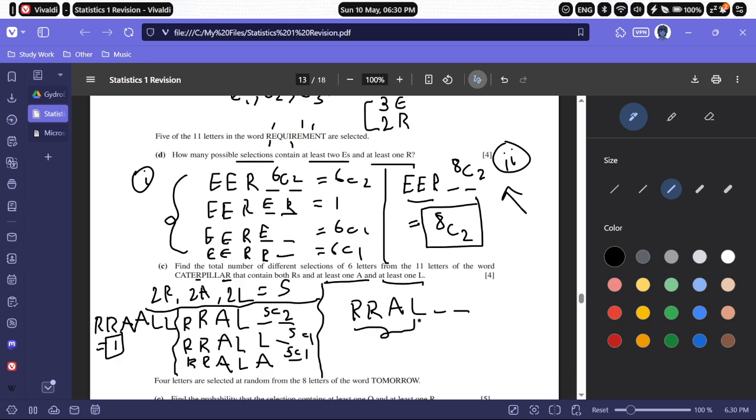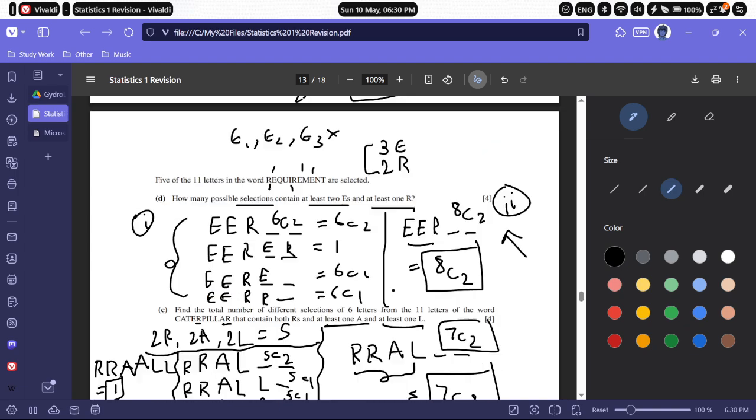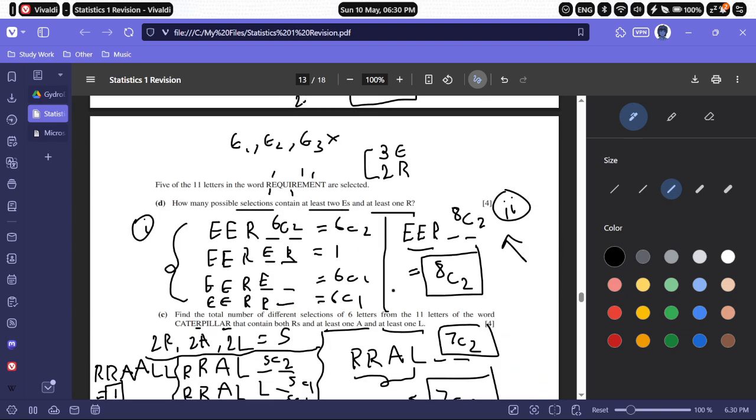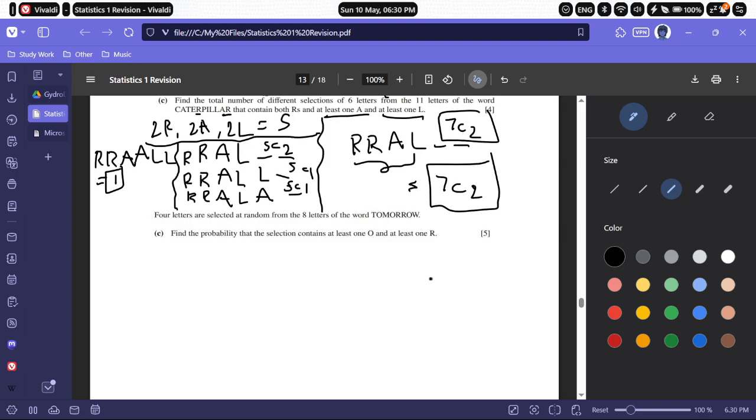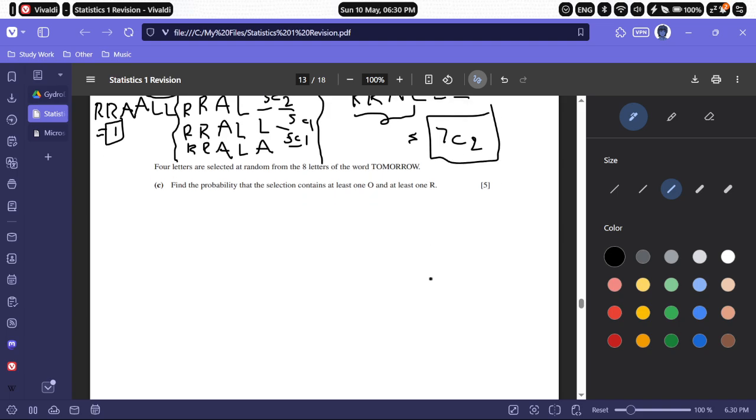It doesn't matter which two letters you choose from those 7 letters. So you can just do 7C2, and 7C2 would be your answer for this. These questions are confusing, but not really confusing; you just have to list the cases and then you'll be fine.